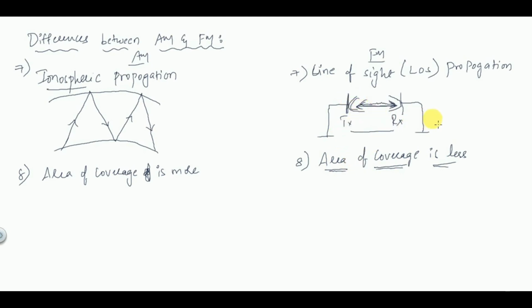Only within the permitted city are we going to listen to that particular FM channel. Out of that city we cannot listen to it, but an AM channel like Akashvani can be listened to in any city within the nation. So that is the difference between AM and FM.